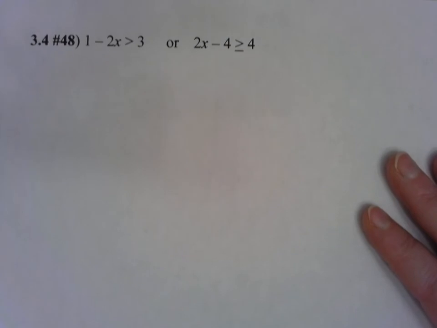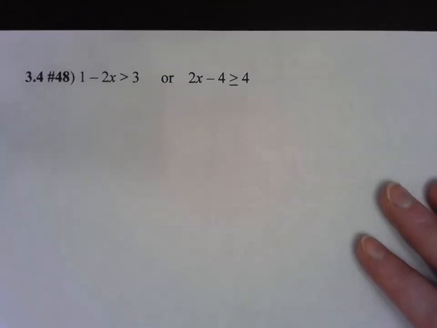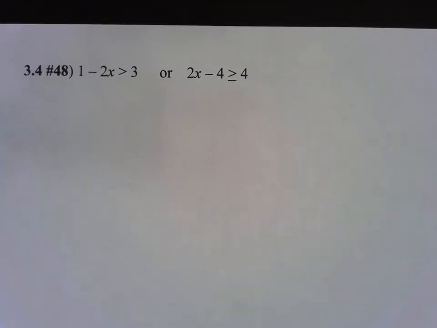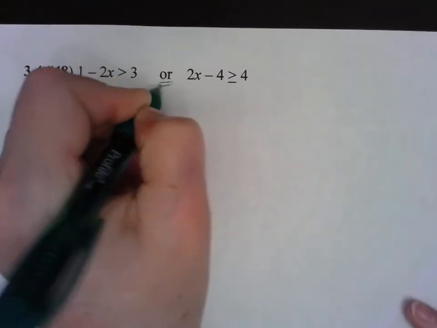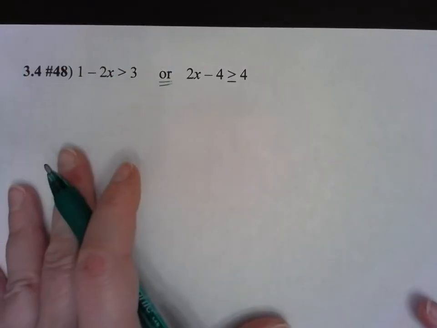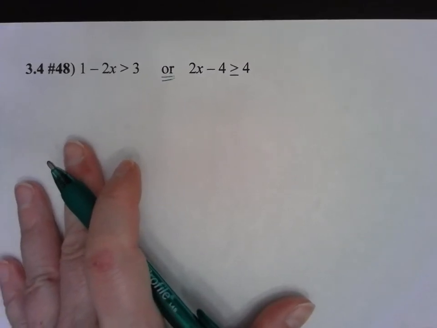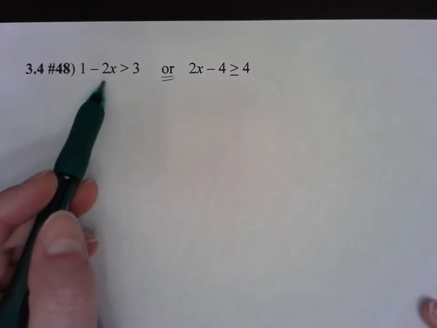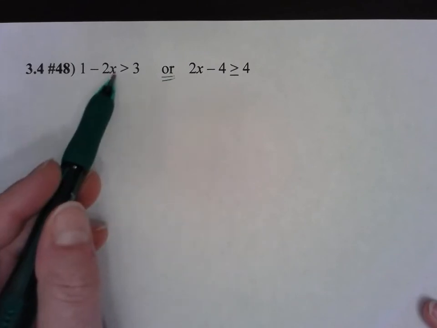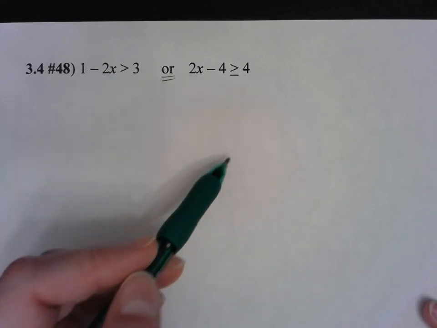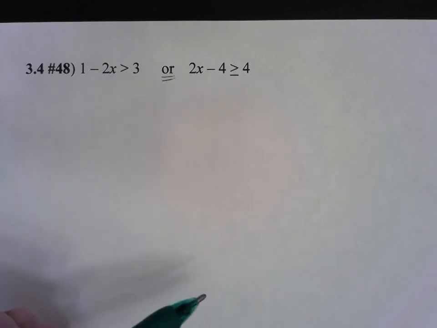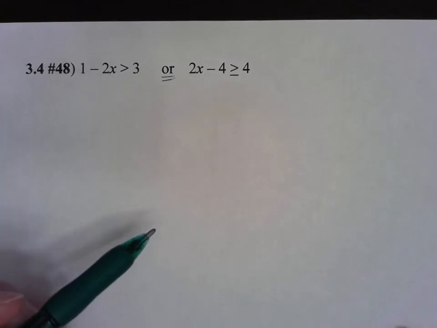All right, let's try one more. That compound inequality was an and, and this one is an or. So the two-part method that we mentioned for the last one is kind of what we're going to be doing with this one. We're going to solve these individually and then put them back together for our final answer.